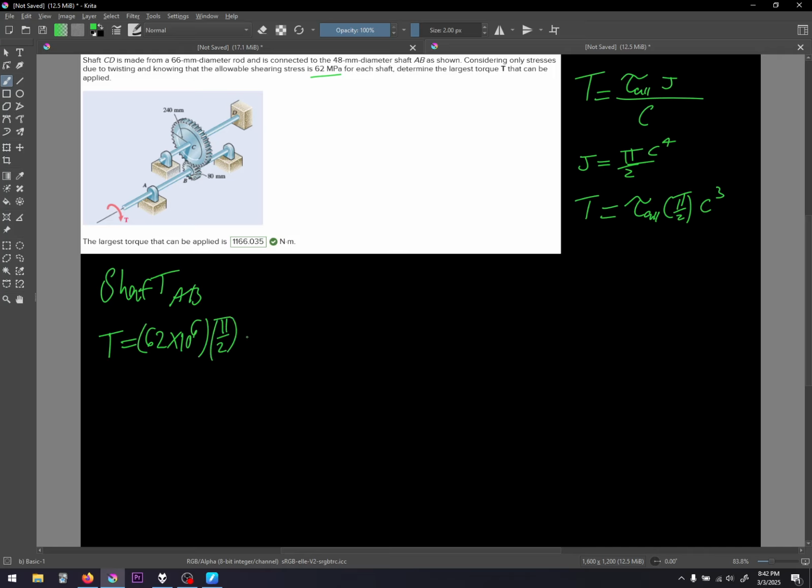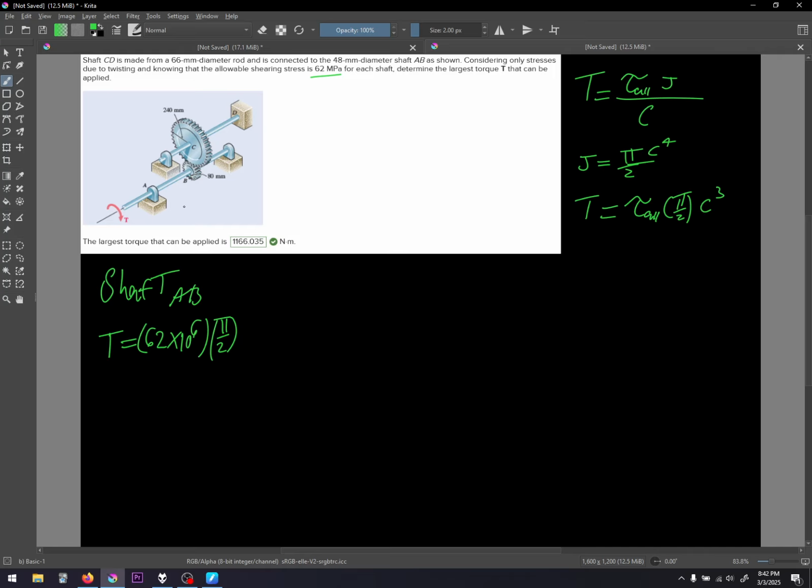And then we don't even need J, we just need C. Shaft AB is 48 millimeters, right here. What's the 80 millimeter? Well, that's fine, we don't worry about that. Or do we? We need the gearing ratio?